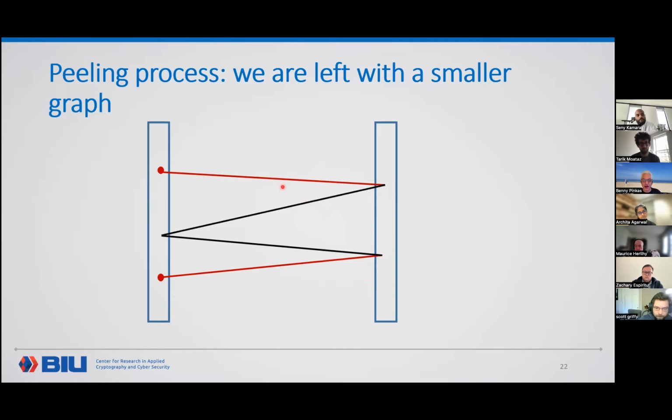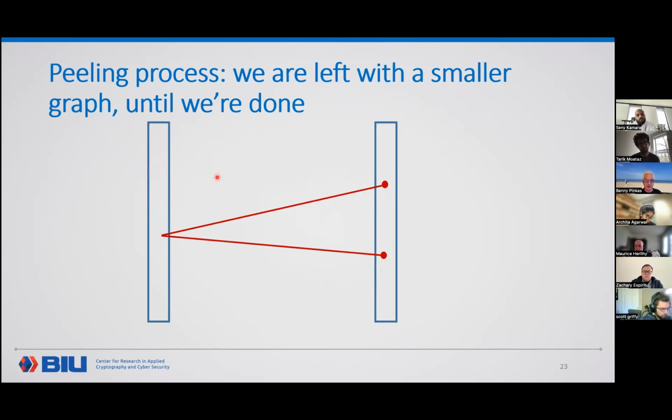So we know that after we handle all the rest of the things in this graph and set this value to something, we can set this value so that this red constraint is satisfied. And the same here, etc. So the peeling process is a recursive process where we remove nodes and edges from the graph until we get to a very small graph. Hopefully we can finish the entire graph, and the overhead of fitting everything is going to be linear.